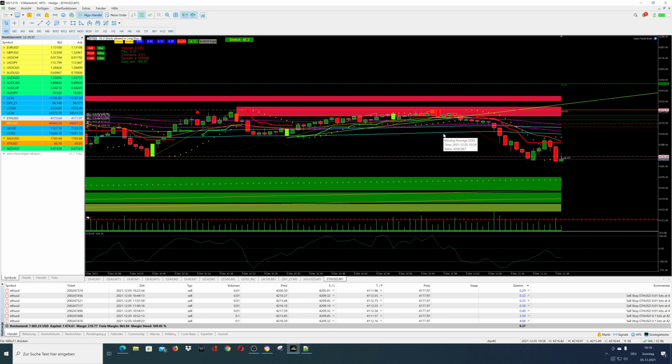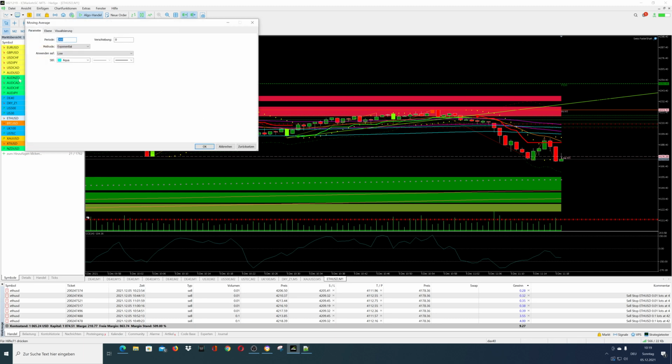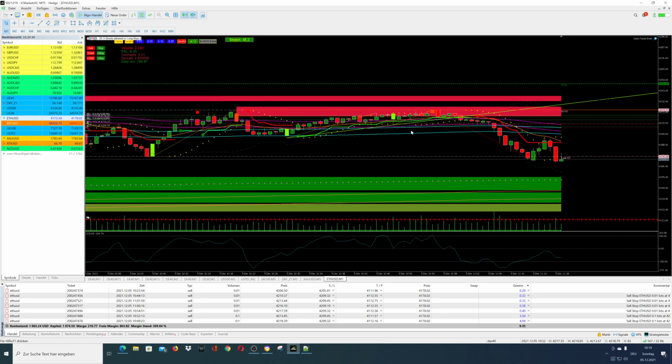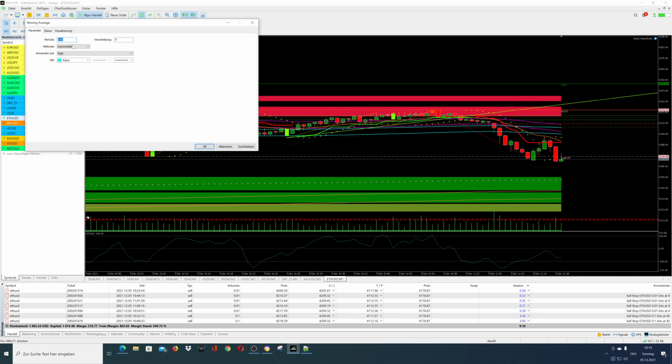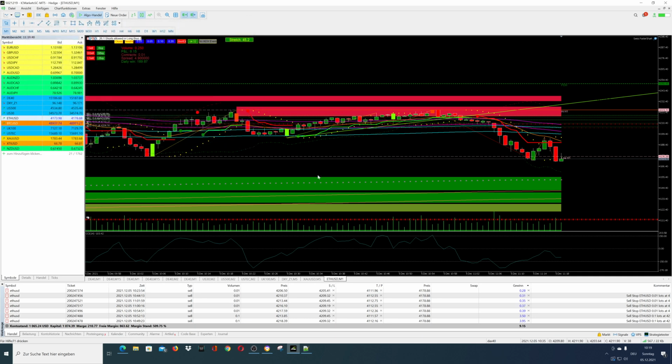Here you see it's the low, and here it's the high. So you have ranges, and I like ranges because trading is never exact to a decimal point, and therefore I like ranges.